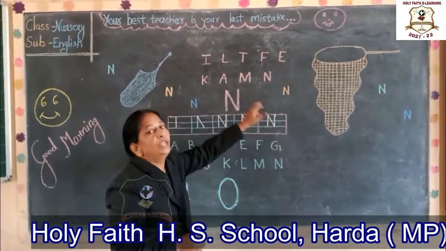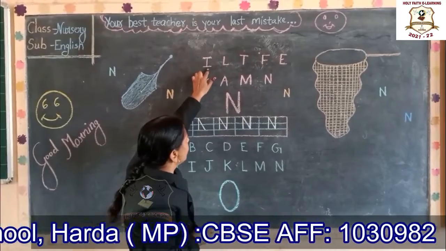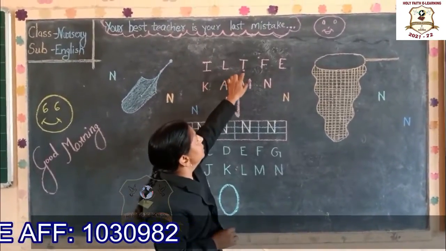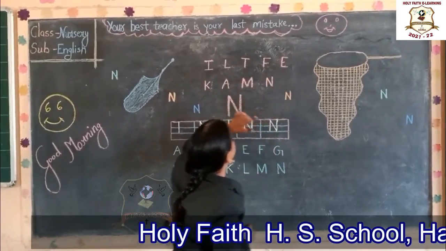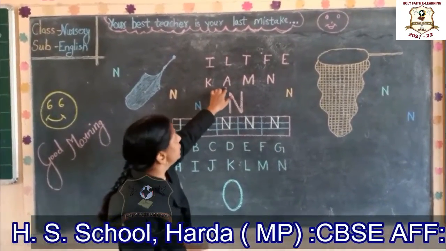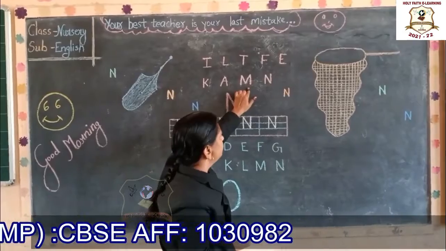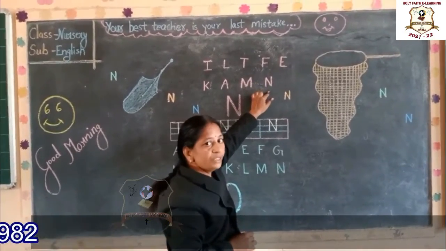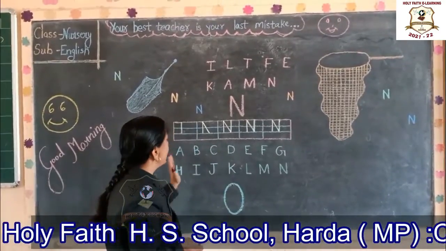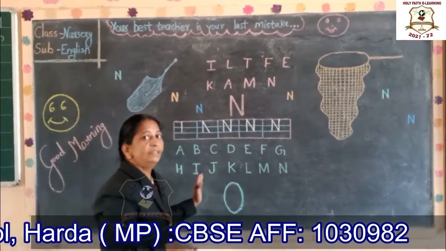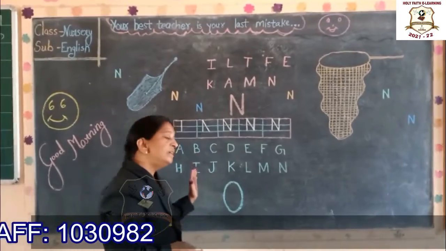Okay, now say once again, I, L, T, F, E, K, A, M, N. Okay students, now our oral part. In oral part, we have learned these letters in our previous classes.